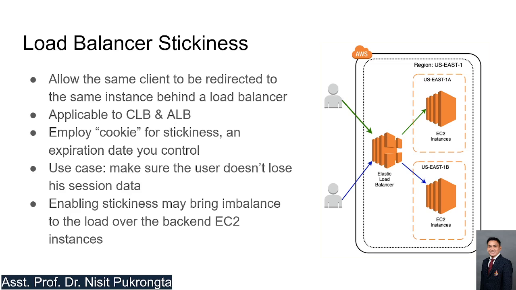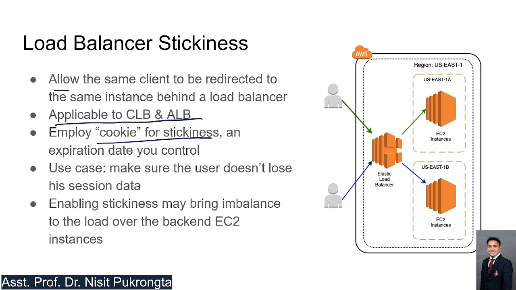For load balancer stickiness, if you employ the cookie for stickiness and control the expiry date, you can use this, because sometimes we want the same client to be redirected to the same instance behind the load balancer.